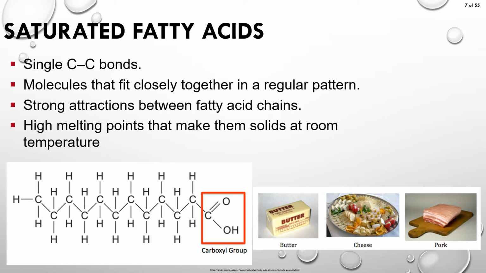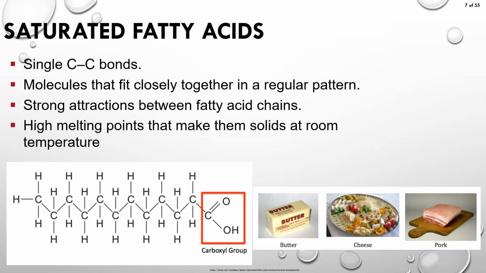There are two types of fatty acids. One is the saturated fatty acid. You have already heard of the word saturated hydrocarbons when you had your organic chemistry. So to review, when we say saturated, this is a molecule having single carbon bonds.